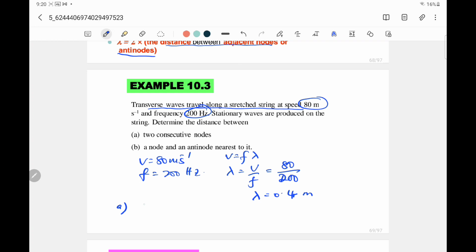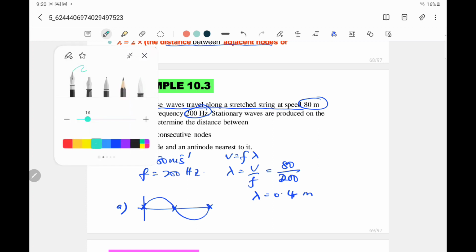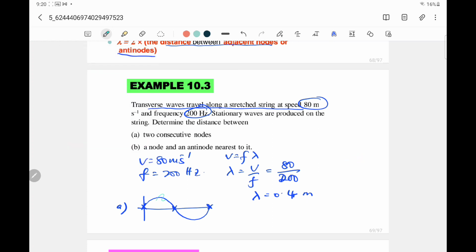So the distance between two consecutive nodes, we draw here. This one is a node, this one is also a node, and this one is also a node. You can see here the distance is lambda, which is 0.4, but the question asks for the distance between two consecutive nodes.